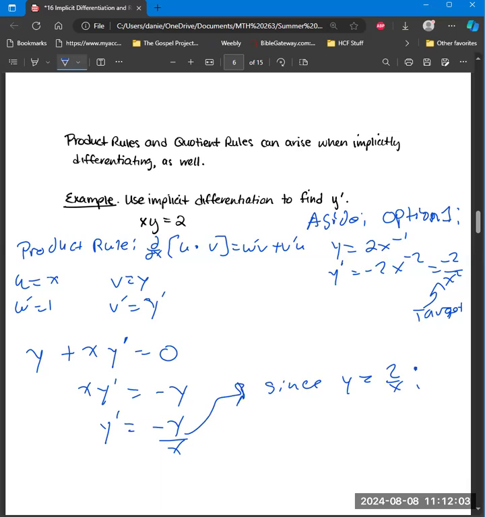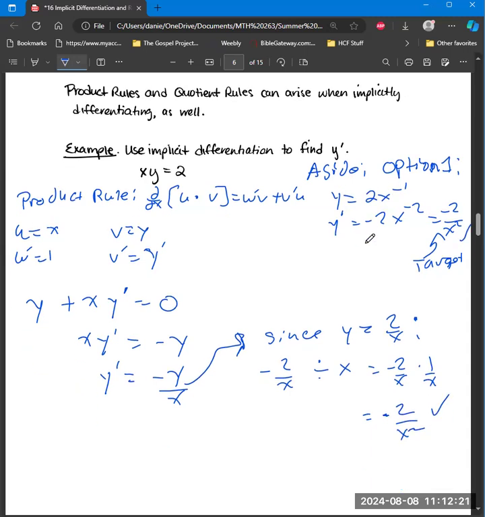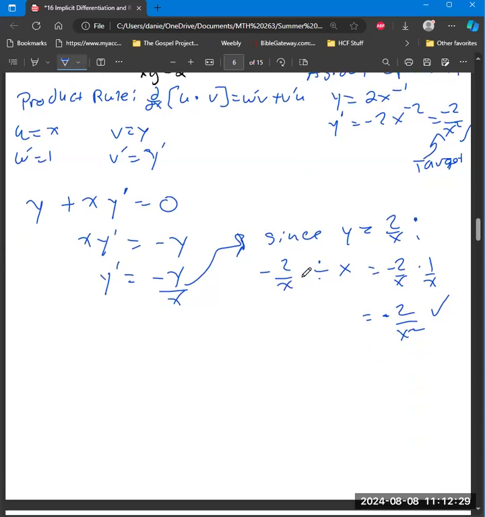Since y equals 2 over x, negative 2 over x divided by x is equal to negative 2 over x times 1 over x, which is equal to negative 2 over x squared. And look at that. Our answers match when we do explicit function definitions and implicit function definitions. We get the same derivative both ways.